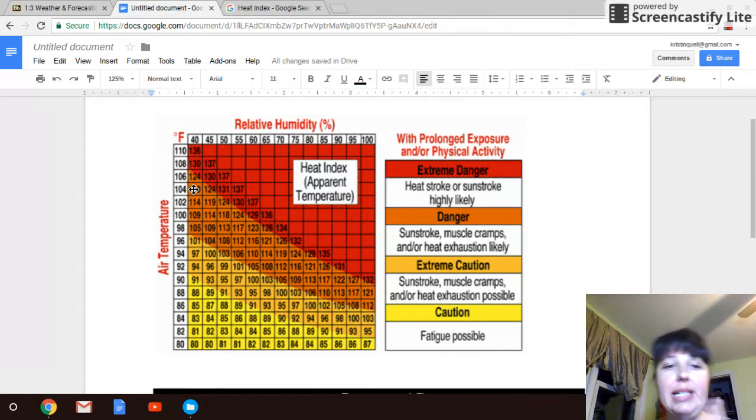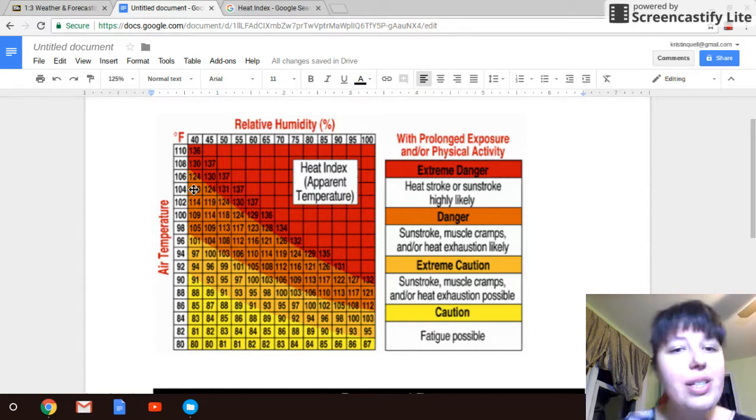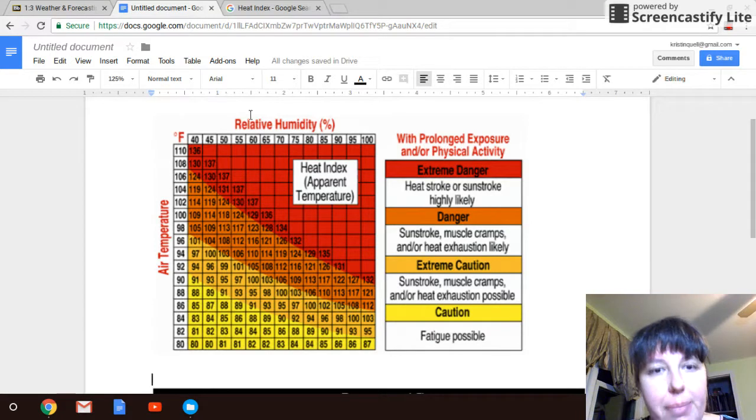So if I said today's temperature is 88 degrees and the relative humidity is 60, the way I do this is air temperatures are on this side, right? So I take my 88 degrees, and watching my cursor again, my relative humidity is up top here. I take my relative humidity at 60 and I line up the two numbers.